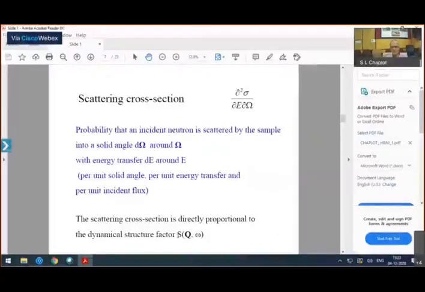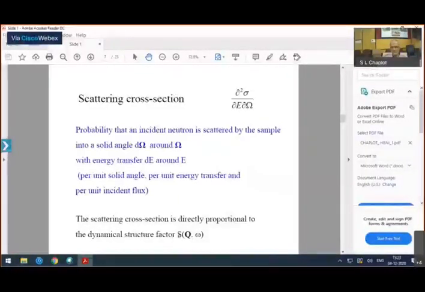Now, dynamical structure factor is just a way of writing this probability in terms of the 4 dimensions of space and the wave vector in the reciprocal space and the angular frequency. Instead of energy, we use angular frequency for reasons I will explain in a moment. So there is a dynamical structure factor, and this quantity essentially has information about the dynamical structure.